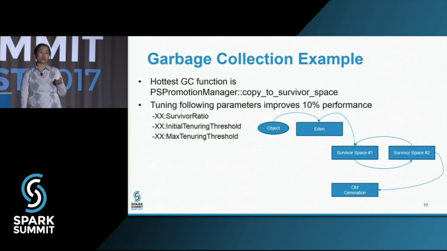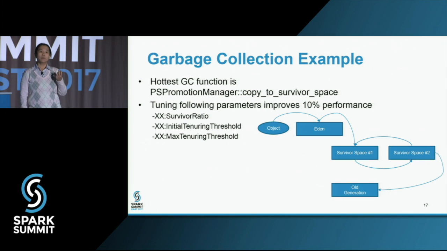And the other 2 thresholds are kind of like a group. One is the initial tenuring threshold. The other is the maximum tenuring threshold. These 2 thresholds decide when an object will finally be moved to the old generation. In our case, we did the tenuring distribution check.